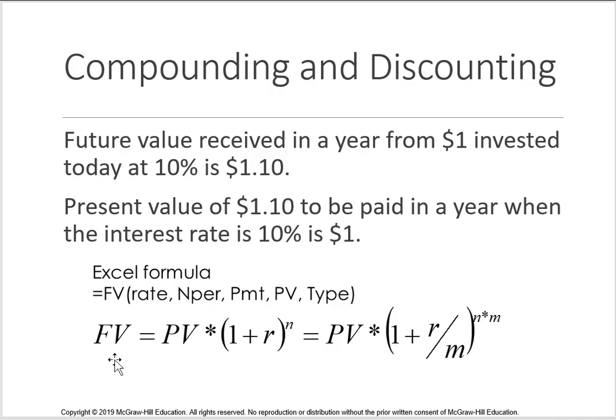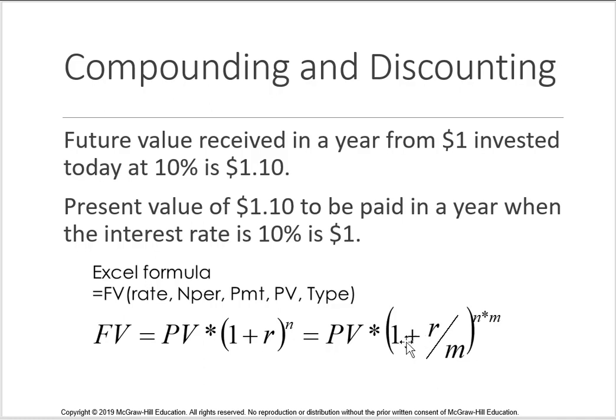So to find the future value at sometime N, you need to know the present value. You multiply that by 1 plus R divided by M. R is the interest per year. M is the periods per year. So if this is a 12% return and we have monthly payments, 12 divided by 12, that would be 0.01.